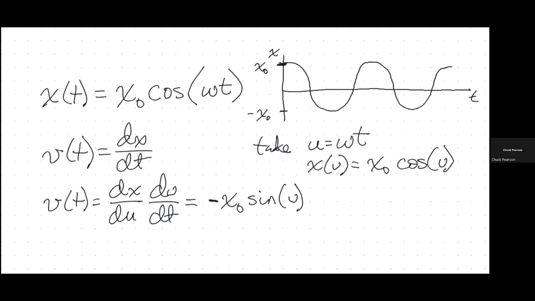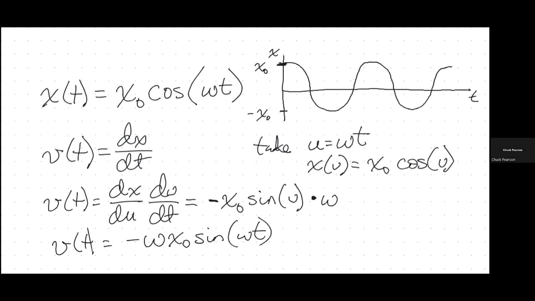And the derivative of u with respect to t, well, the t just goes away. I'm just left with omega. I say w, I mean omega. I'm trying to do Greek here. So v of t is equal to negative omega x naught times sine of, replace back u, omega t.